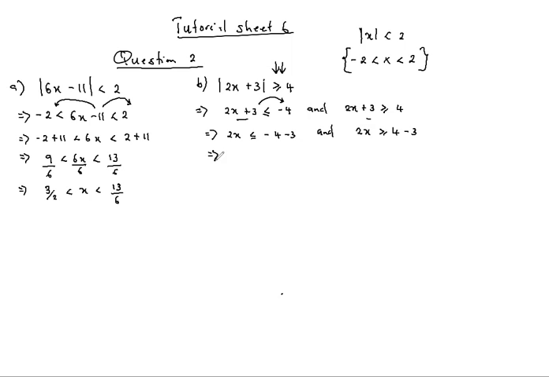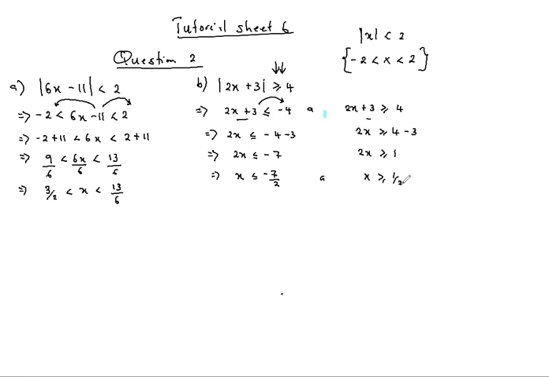So that we get 2x ≤ -7 and 2x ≥ 1. So we have x ≤ -7/2 and x ≥ 1/2.